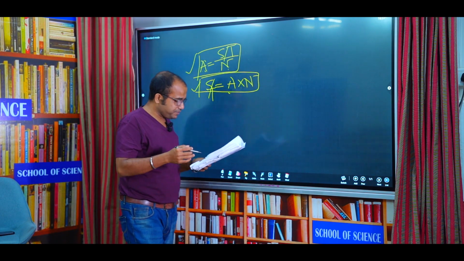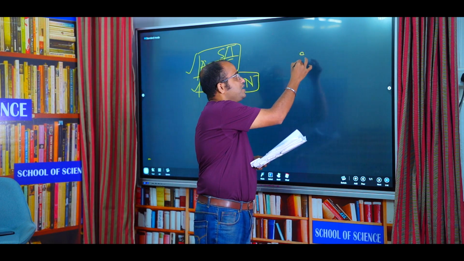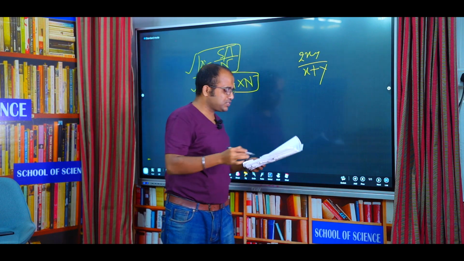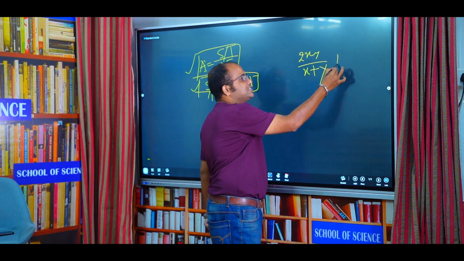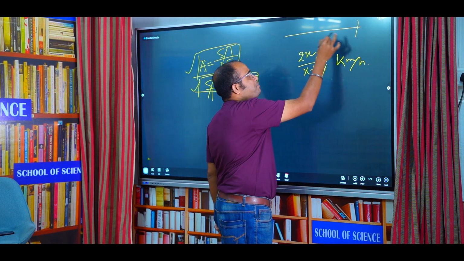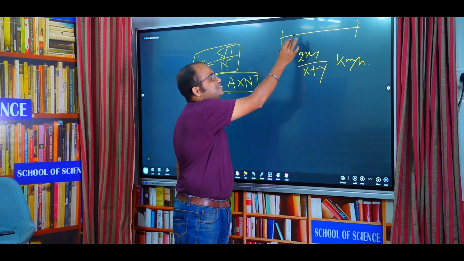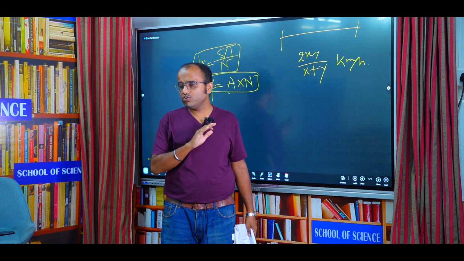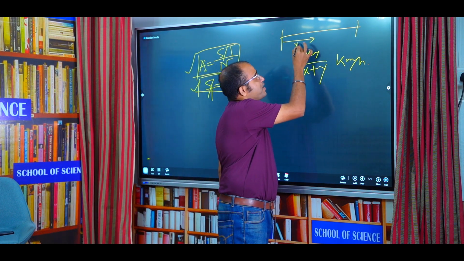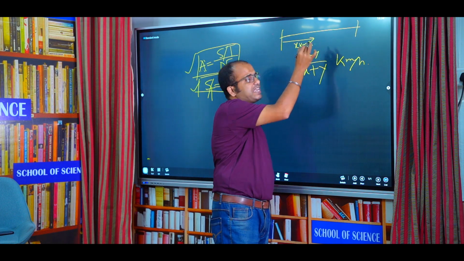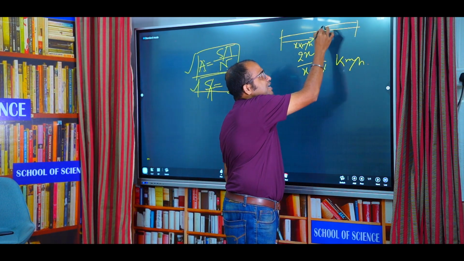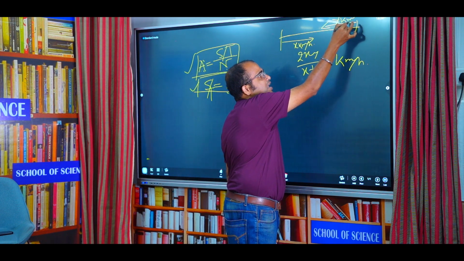Now the next formula is what? I am writing the first formula: 2xy divided by x plus y, in kilometer per hour. I am explaining what this formula is for. Suppose there is a distance, and in the first part they are going at x kilometer per hour, any car or vehicle, or even walking, and returning at y kilometer per hour.